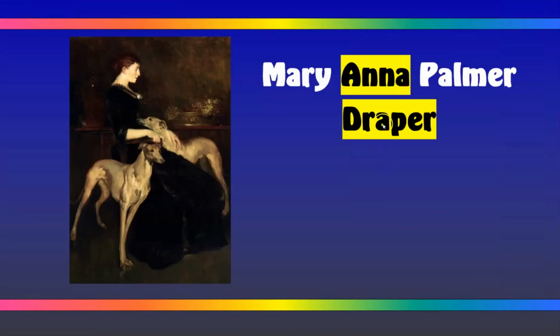So you want to add Anna Draper. We have 3 Drapers on this page, hence the reason for including the first names. And she was another huge financial contributor to the Draper catalog and other projects at Harvard Observatory.